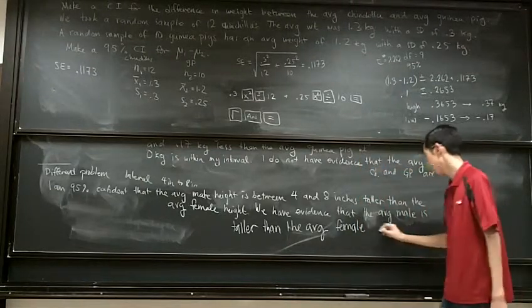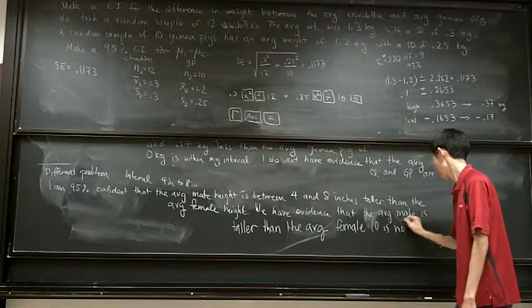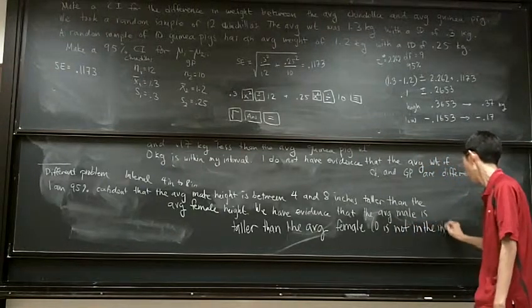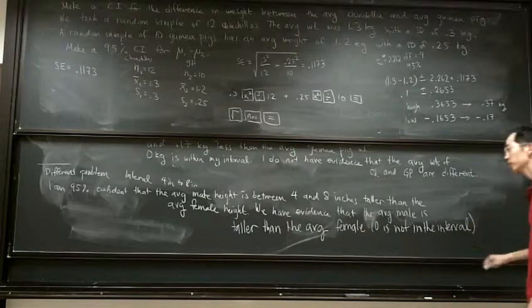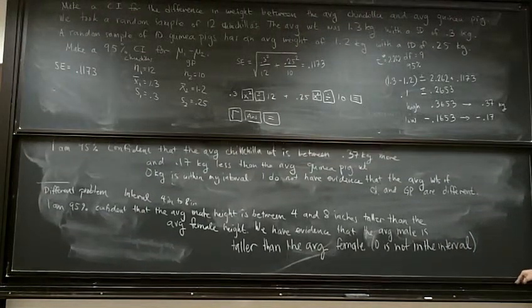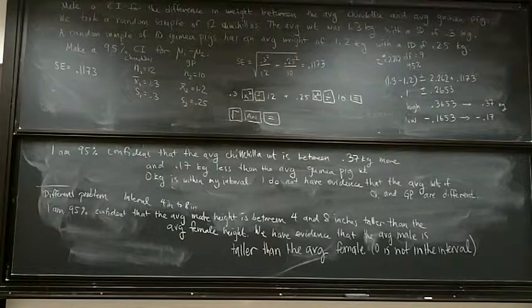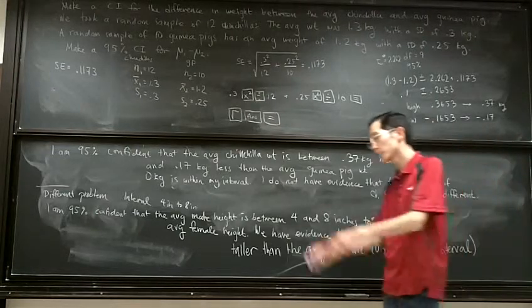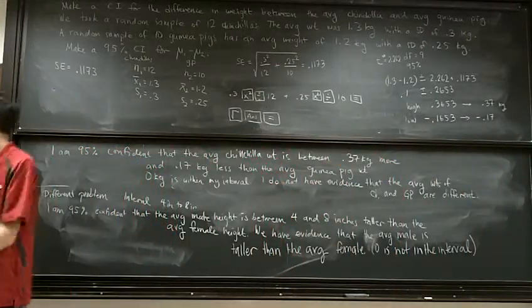Okay? Because 0 is not in the interval. So if we didn't have the 0, then we would have evidence that the weights of chinchillas and guinea pigs differ.